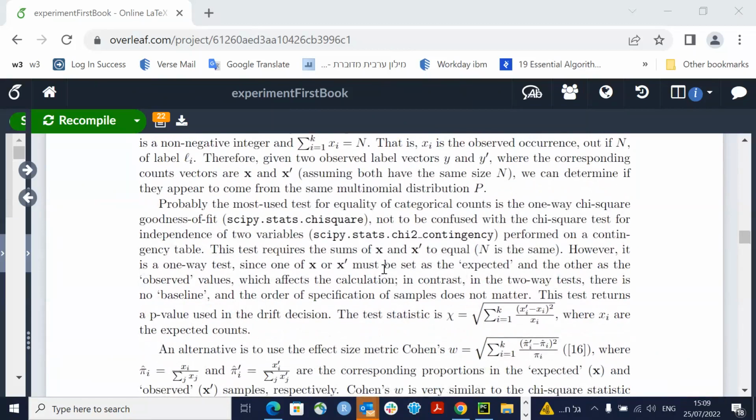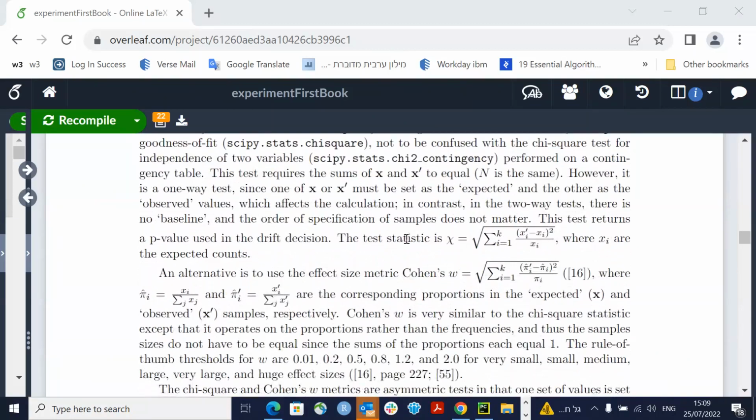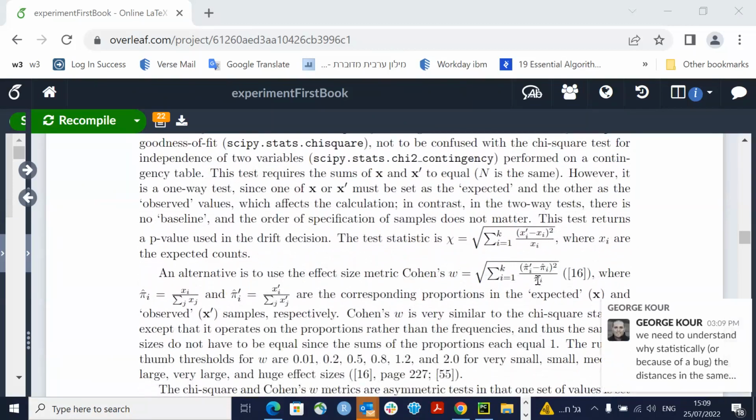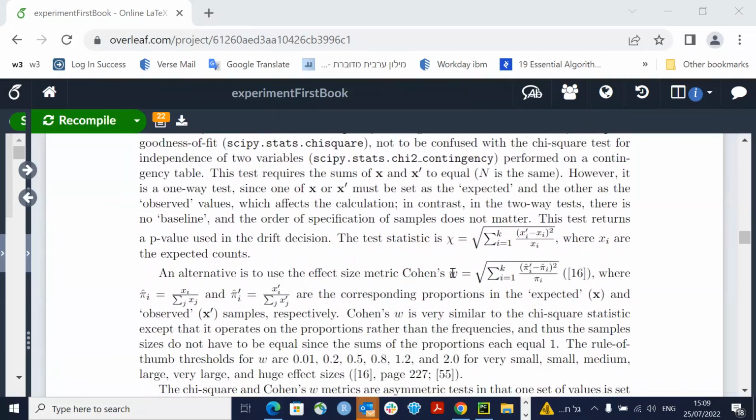I mentioned some of the classical tests like chi-square, and then one of the effect size metrics like Cohen's W that can be used instead of that.